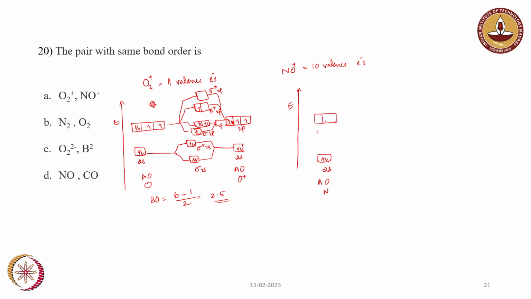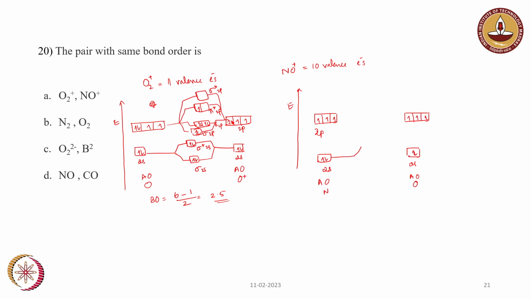Nitrogen has 5 valence electrons and oxygen has 6. And since there is one positive charge, we'll subtract that from oxygen. So oxygen will have 5 valence electrons.